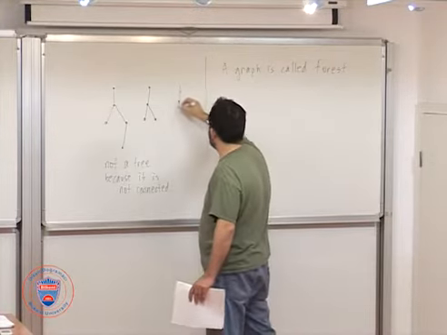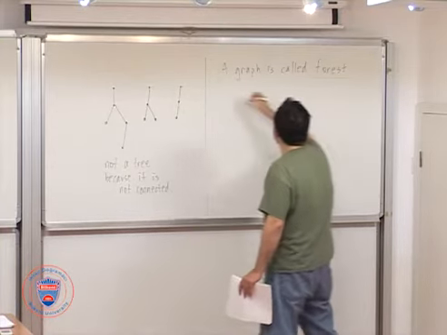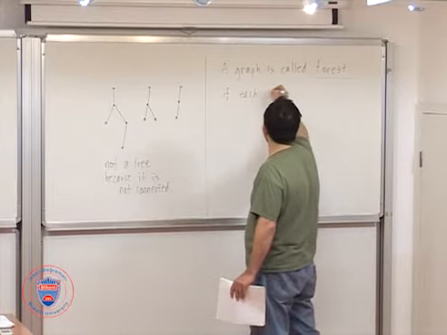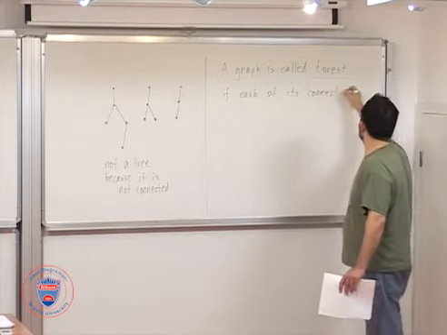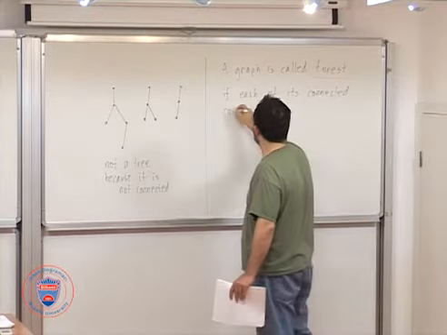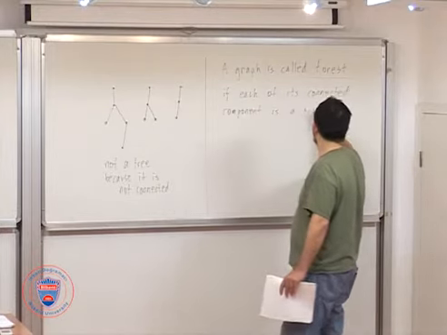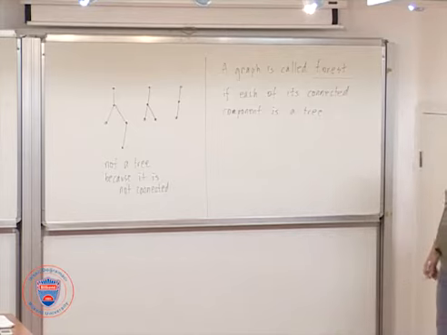A forest means lots of trees. A graph is called a forest if each of its connected components is a tree. Each of the connected components being a tree makes it a forest.